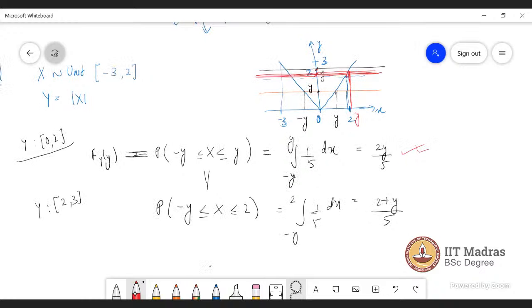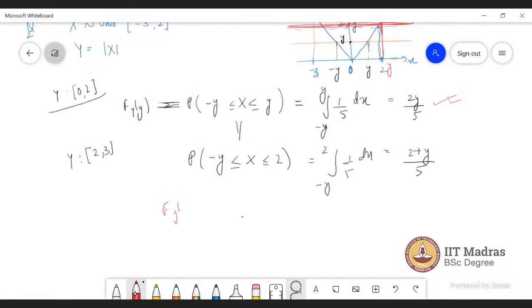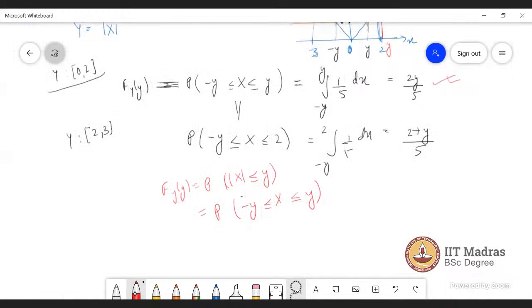See, F_Y of y is the probability that mod x is less than or equal to y, which comes out to be minus y less than x less than y. But y is lying between 2 to 3, so x cannot take a value beyond 2.